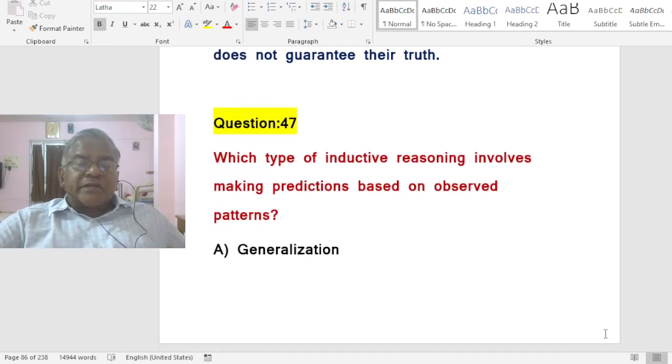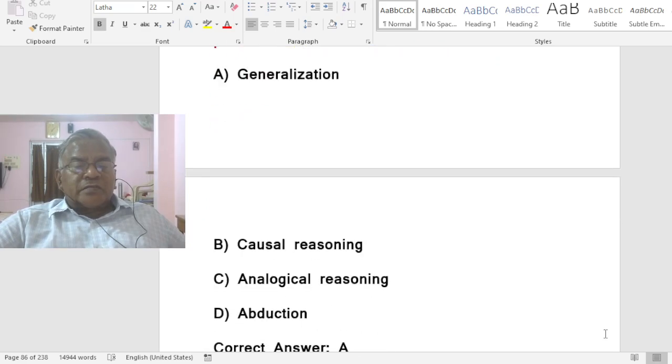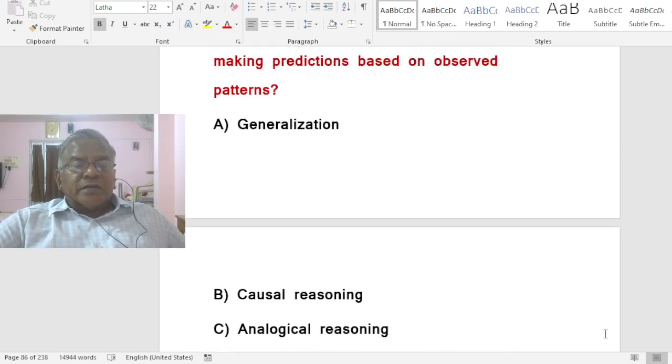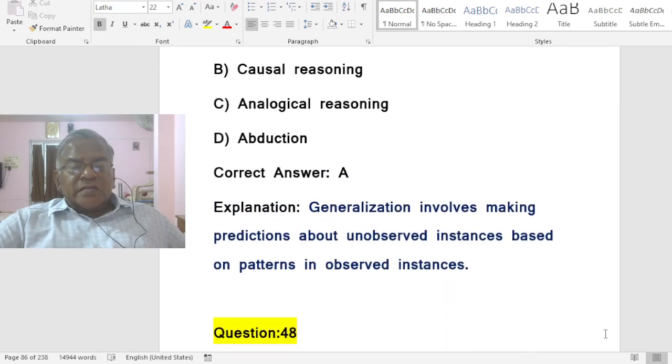Which type of inductive reasoning involves making predictions based on observed patterns? That is generalization. Generalization involves making predictions about unobserved instances based on patterns in observed instances.